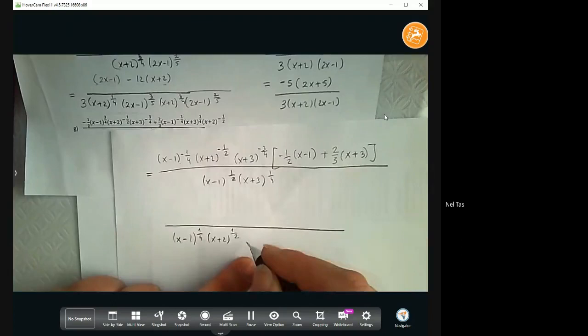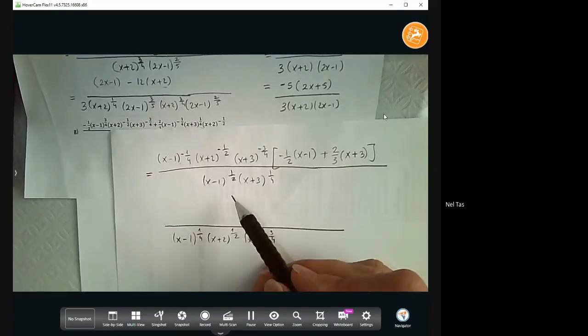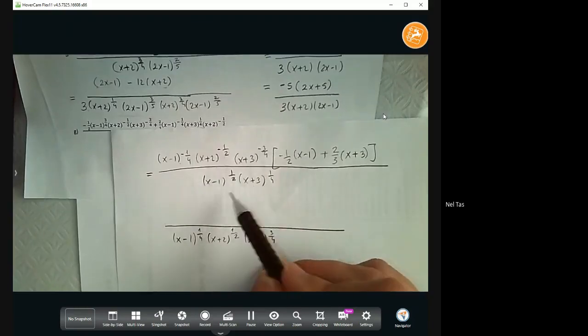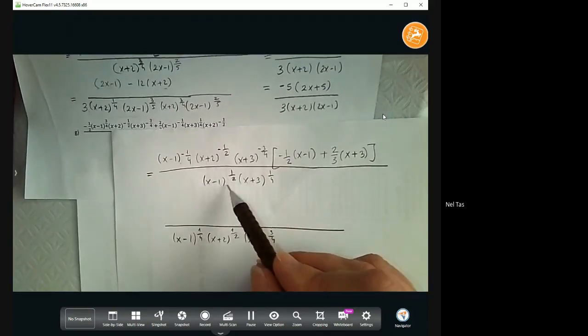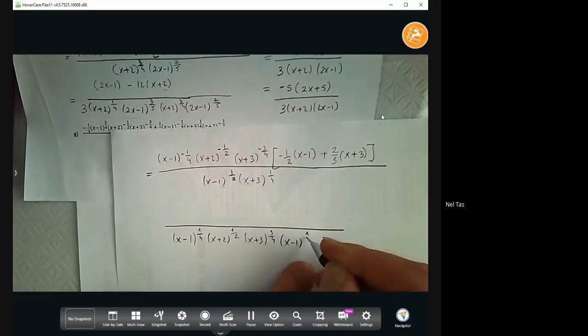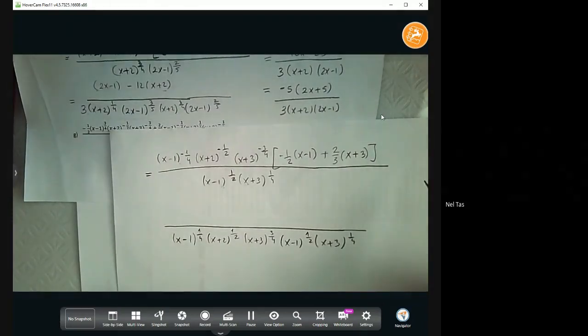So x plus 3 to the power of positive 3 over 4. I still have those two in the denominator. Keep them as they are. Okay, so this is our denominator.